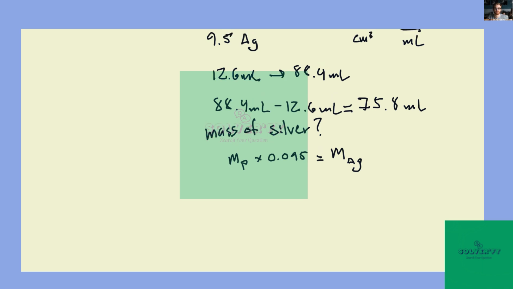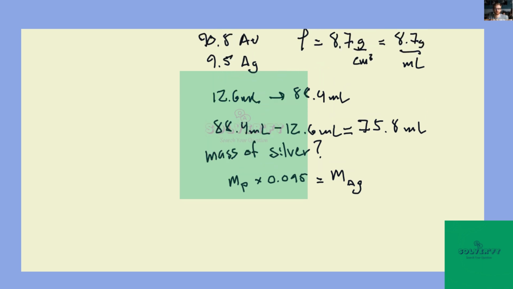Okay, so that tells us our only missing information is the total mass of the pendant. And what's nice for us is that mass, in general, can be determined from volume times density, because density is mass per volume. So mass is equal to volume times density.